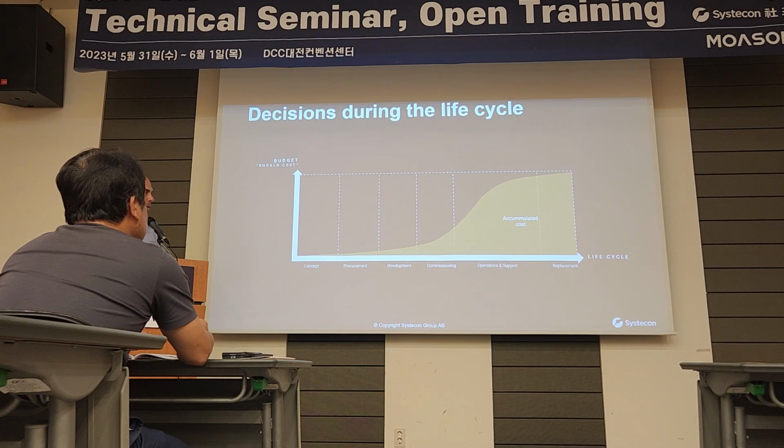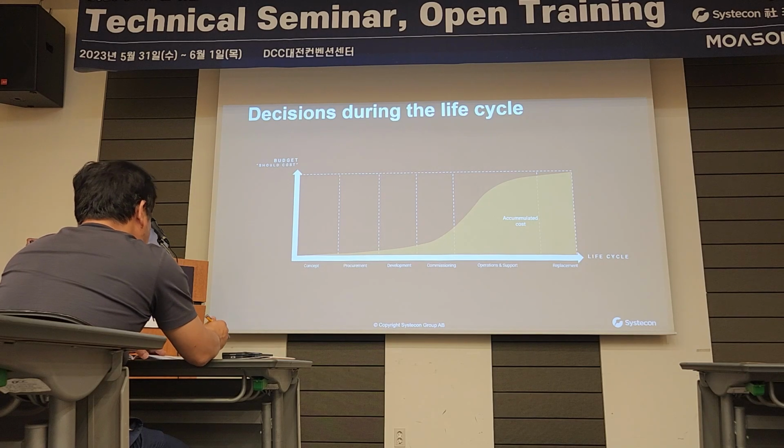And typically over the life cycle, cost is accumulated throughout the life cycle. And we have some kind of budget or should-cost limit, and hopefully at the end of the life cycle we have not exceeded that limit.